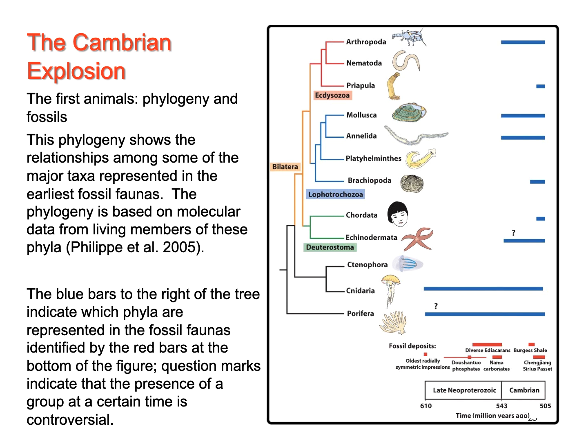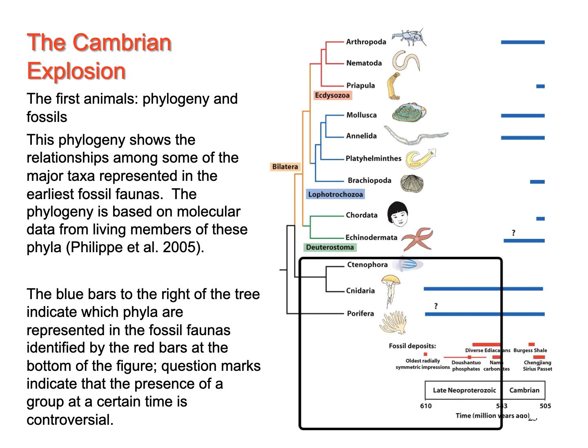So this shows here in this phylogram, and the blue lines show how long in the past these different organisms have been found in fossils. Down here in red, these are the fossil deposits where these organisms have been found, and you can see the split there at about 543 million years ago.